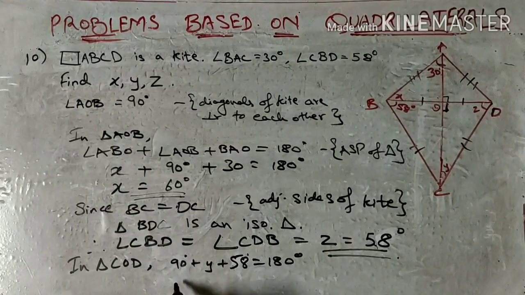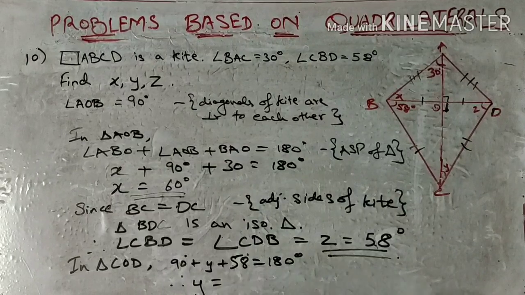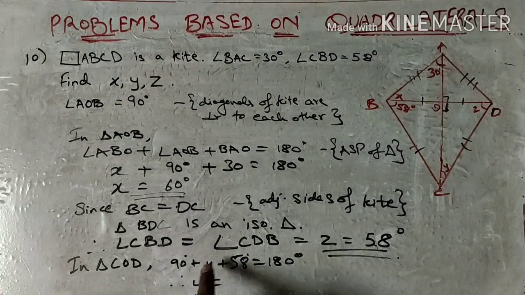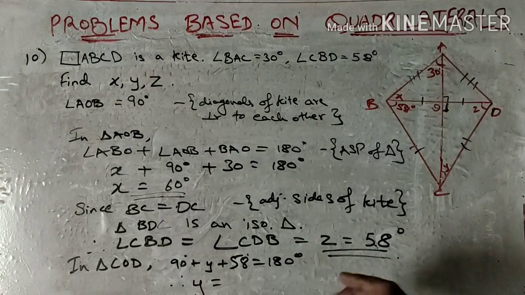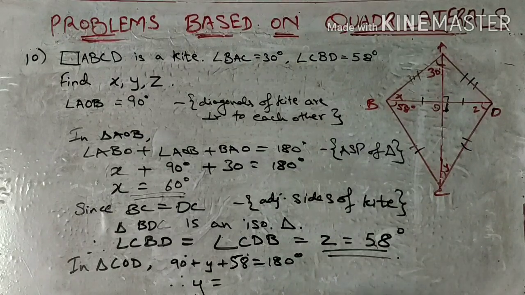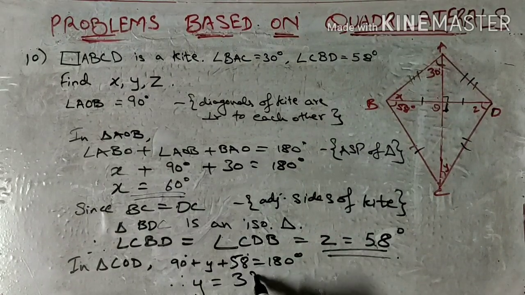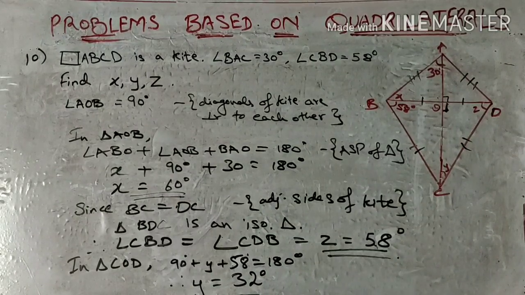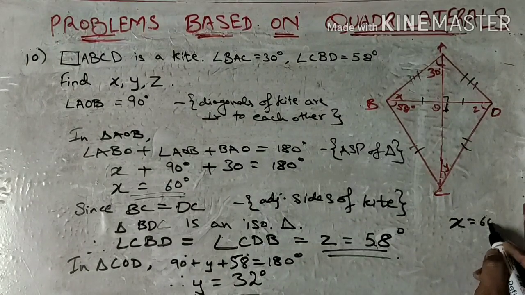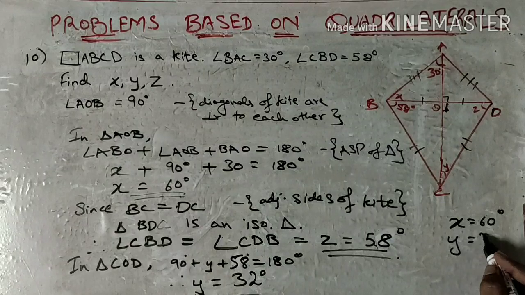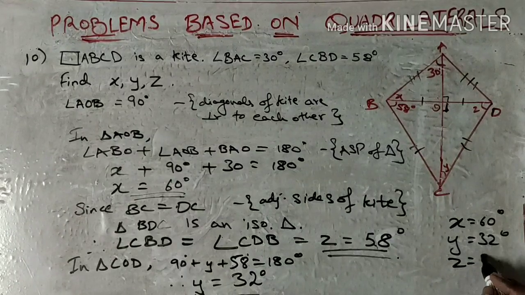So by solving, y is equal to 180 minus the sum of 90 and 58. 90 and 58 gives you 148, and subtracting 148 from both sides, we get 180 minus 148, and that is 32 degrees. So y is equal to 32 degrees. Hence, we write the solution: x is equal to 60 degrees, y is equal to 32 degrees, and z is equal to 58 degrees.